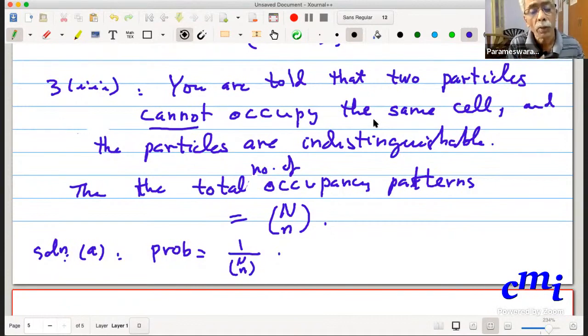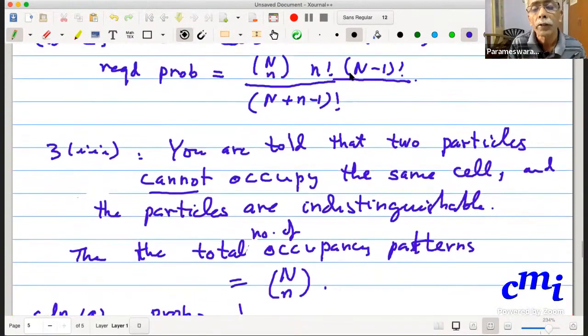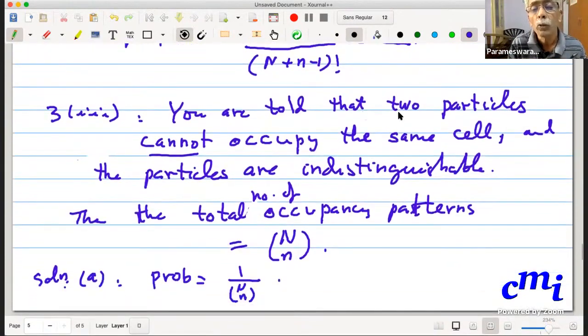You have to rework your probability in the light of new knowledge. Previously, you were not told that it is physically impossible for two particles to occupy the same cell, so you had to allow for that to happen. Now you know that two particles cannot occupy the same cell, and once you know that, your answer becomes different.